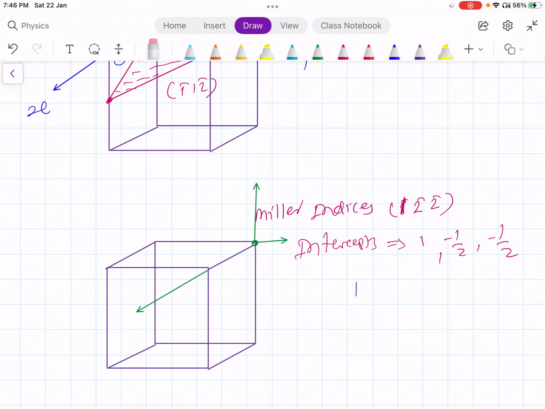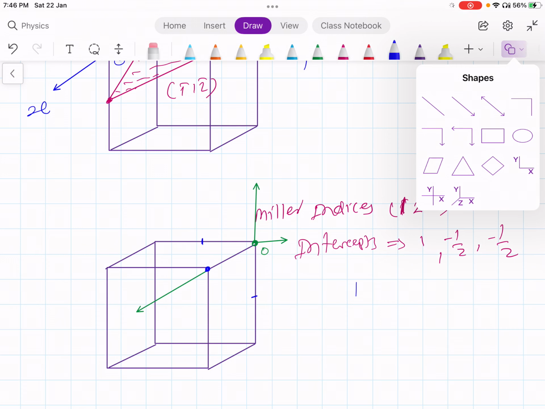Here is the origin. So in this the points are plus 1 on x, minus half on y and minus half on z. So these are the points.